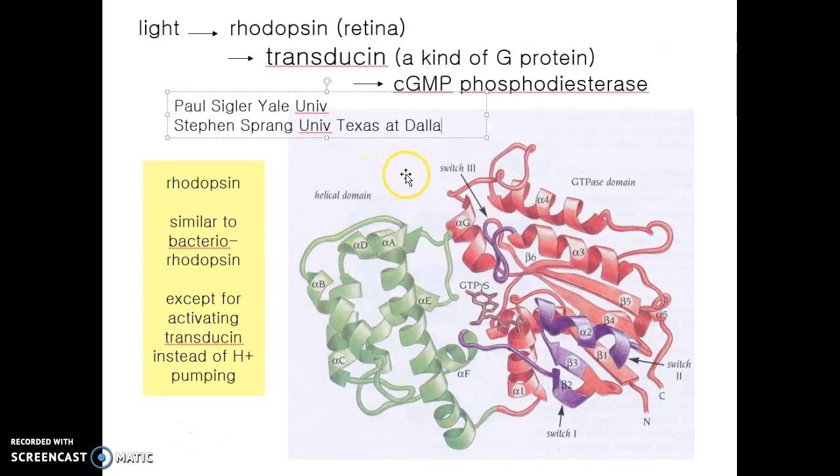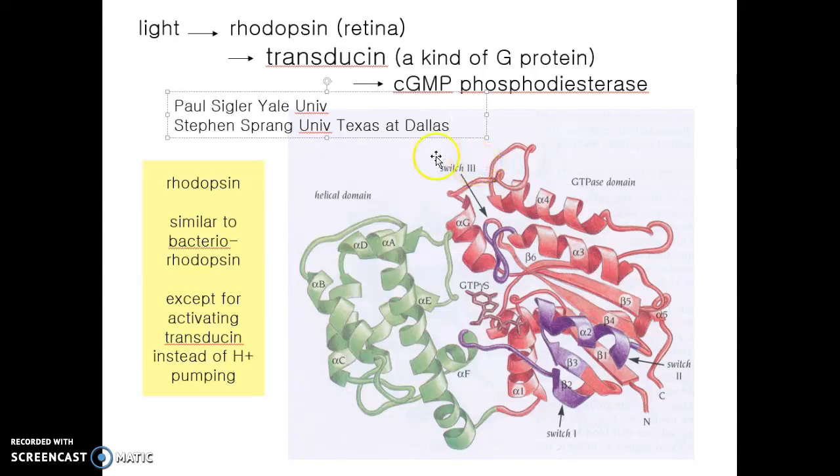Here we're going to look at the structural changes of transducin, which is a kind of G protein. Light activates rhodopsin in our eyes. The transducin is activated, leading to the activation of cyclic GMP phosphodiesterase.